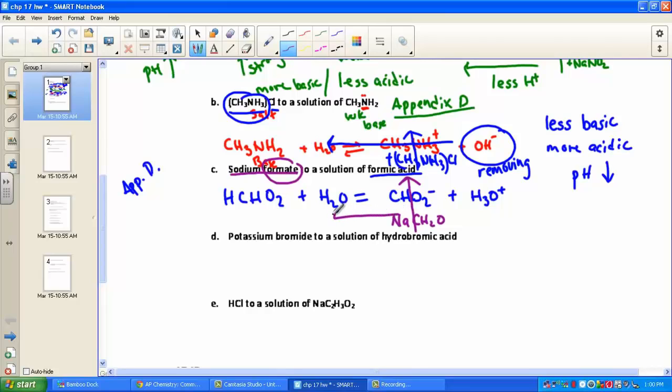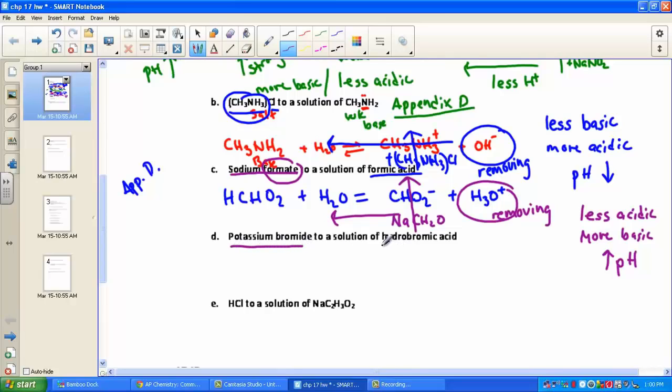Le Chatelier says it's going to push left, and when I push left, I'm removing hydronium ions. Removing hydronium makes it less acidic, or some people's minds just work like this. They say more basic, so the pH starts to climb toward the base range on the pH scale.